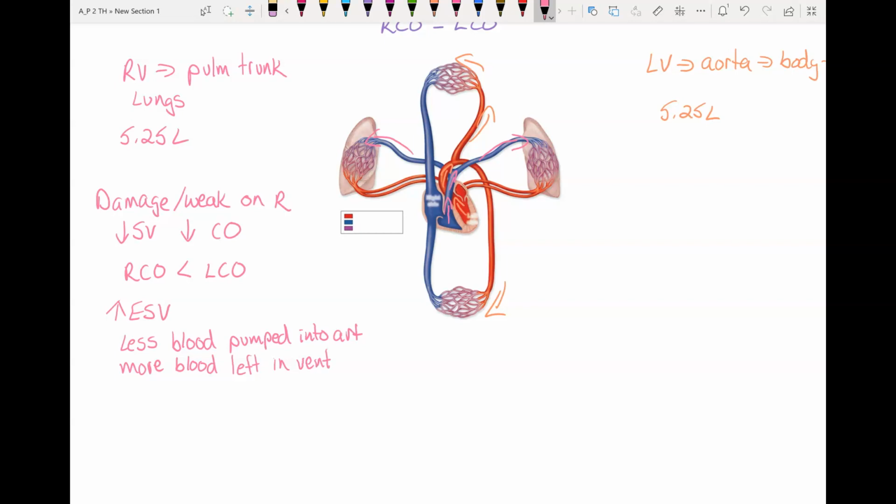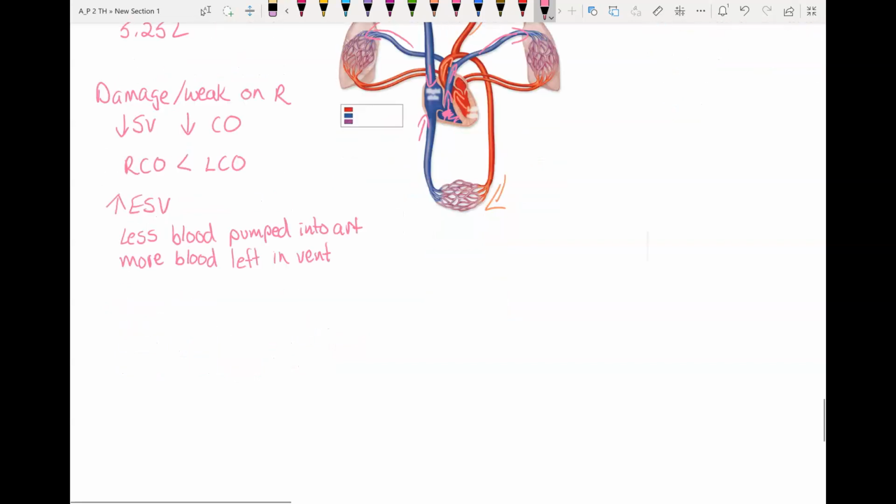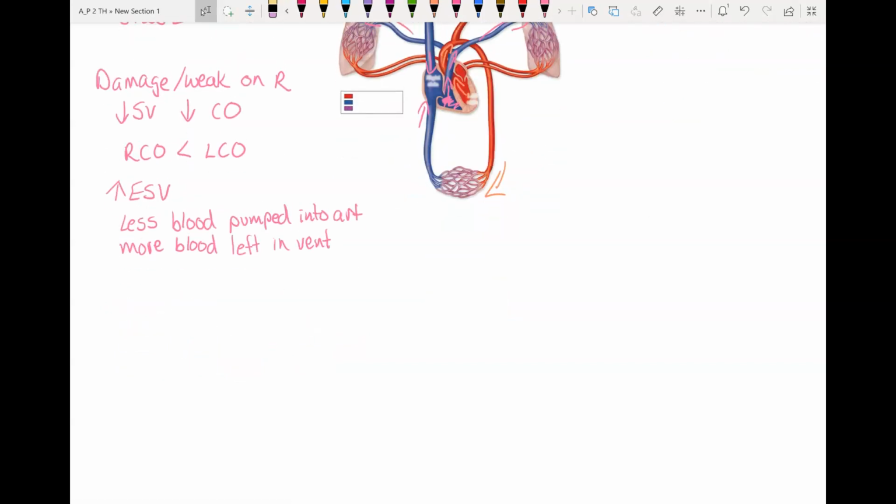So now, as the veins are trying to fill the heart, there's more blood left there. So there's less room for the veins to put blood in. So the heart is more full after it beats. So this makes it hard for veins to put blood in.